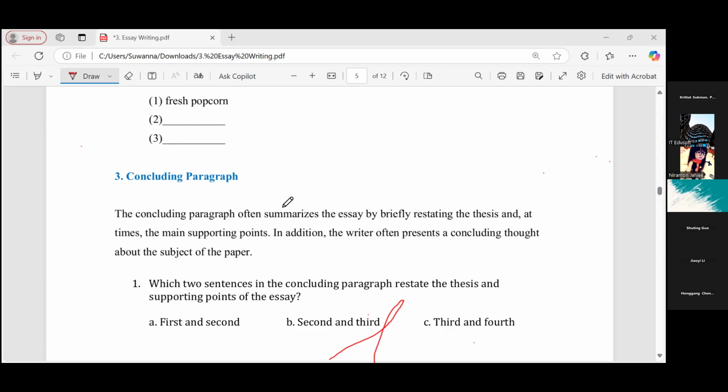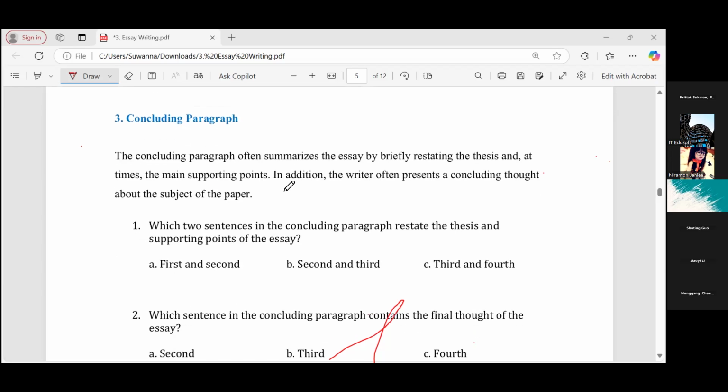Then your introductory paragraph will be followed by many supporting paragraphs, and each paragraph deals with one single idea, which also supports your thesis statement. Are we clear? And then the last component of your essay is what we call a concluding paragraph.